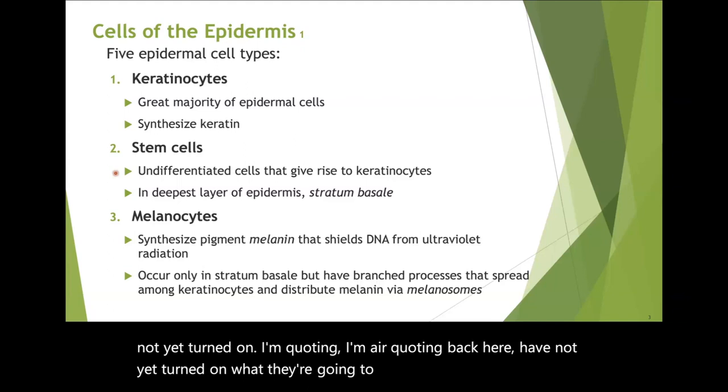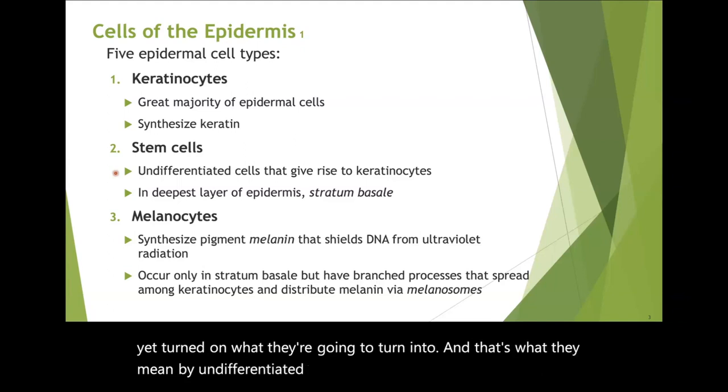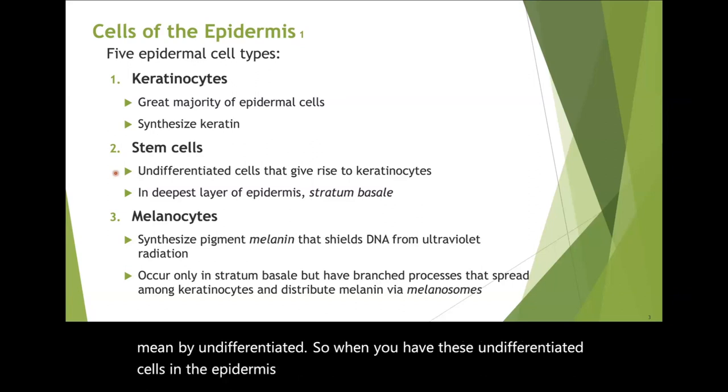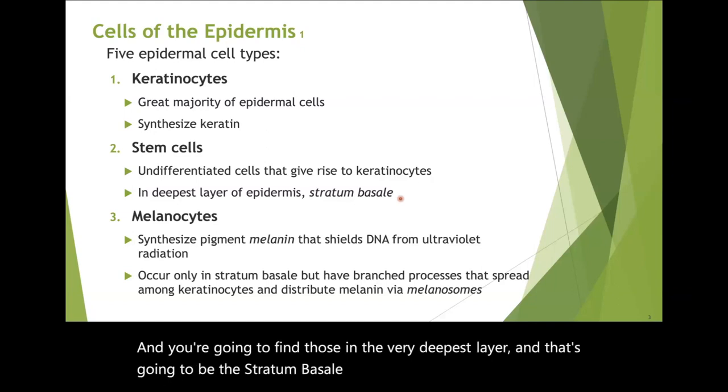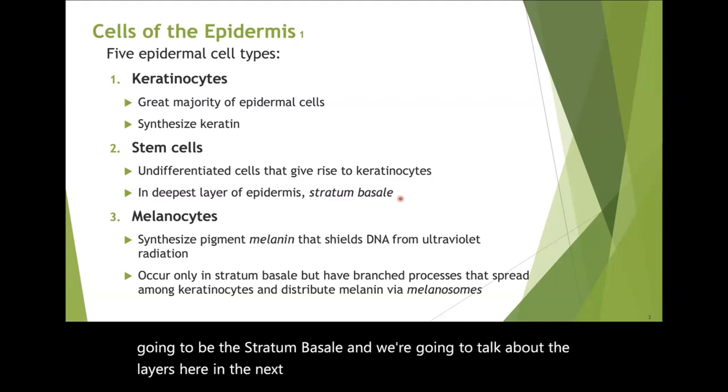That's what they mean by undifferentiated. So undifferentiated cells in the epidermis are going to differentiate into keratinocytes. You're going to find those in the very deepest layer, the stratum basale. We're going to talk about the layers in the next couple of slides.